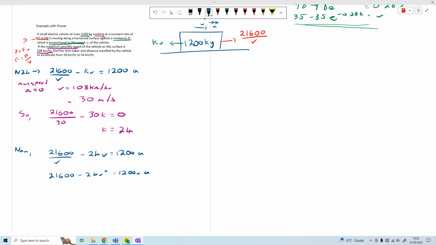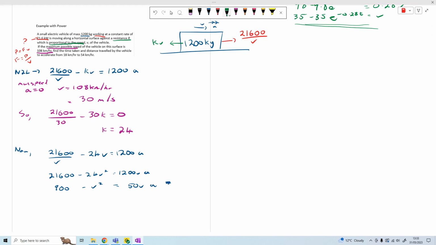If I look at them, I know that 24 should go into this. I'm going to quickly check to make sure it does. It does, so let's divide everything by 24. That ends me with 900 minus V squared is 50V and an A. So that's my far more improved equation that I'm going to use now for the rest of this.